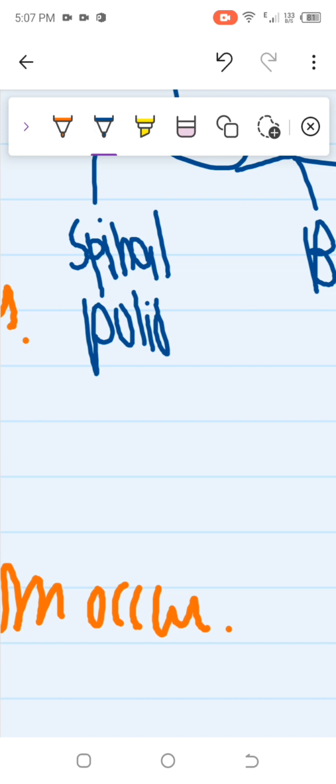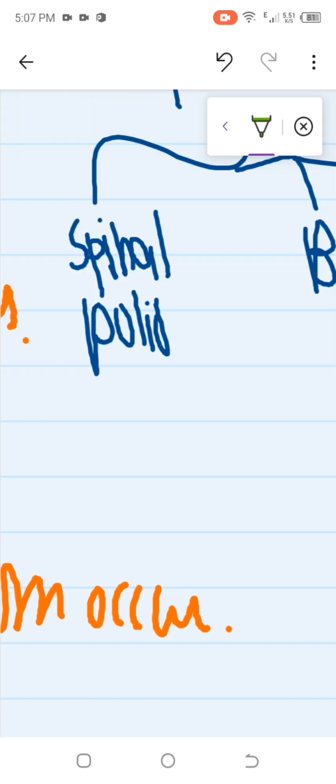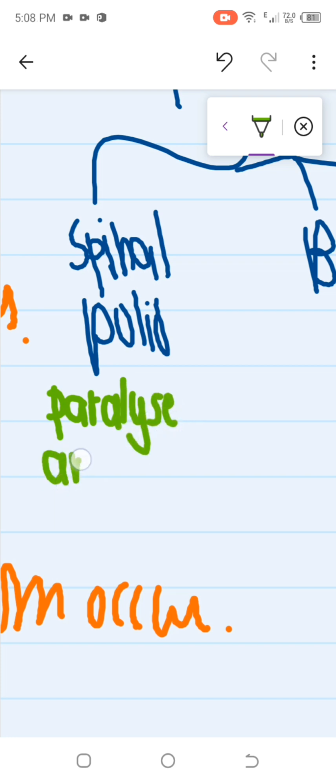If we talk about the first one, spinal polio, this basically paralyzes the muscles of arms and legs.